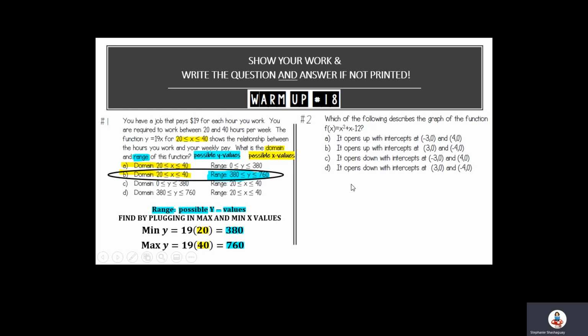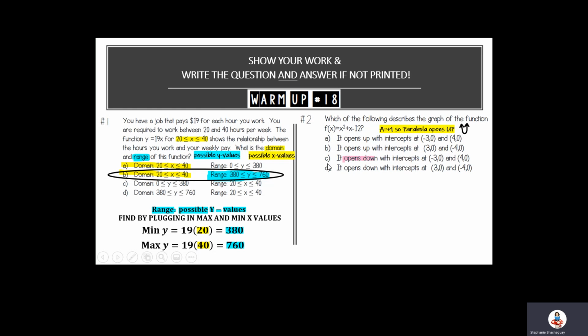Number 2, which of the following describes the graph of the function f of x is equal to x squared plus x minus 12? The first thing I'm going to look at is my a term. My a term is equal to a positive 1, so that means my parabola is going to open up. Anytime I have a positive a term, that means my parabola is opening up.